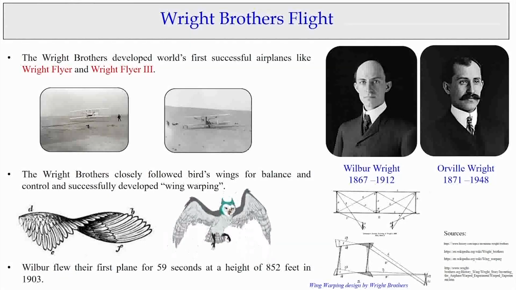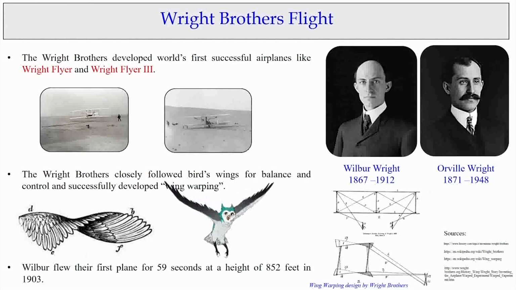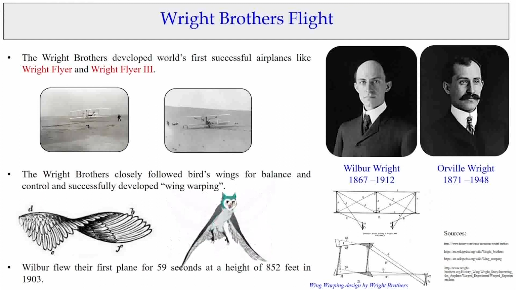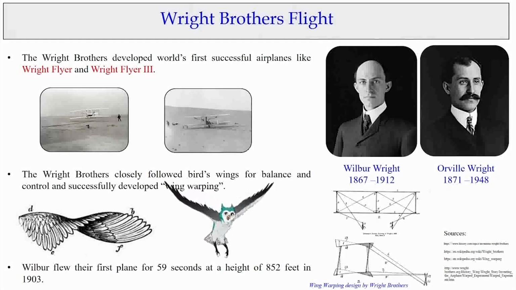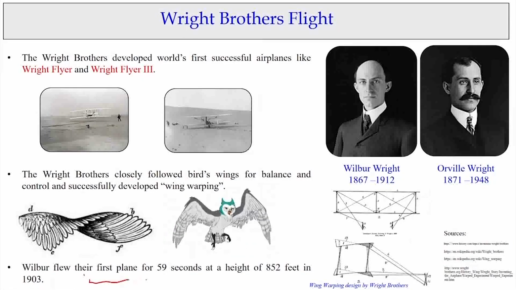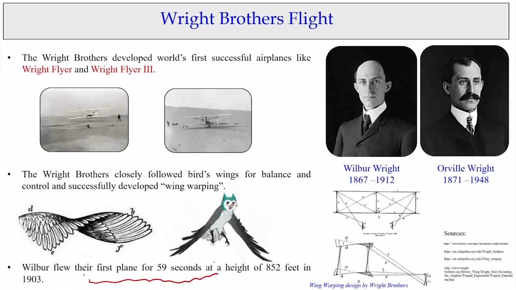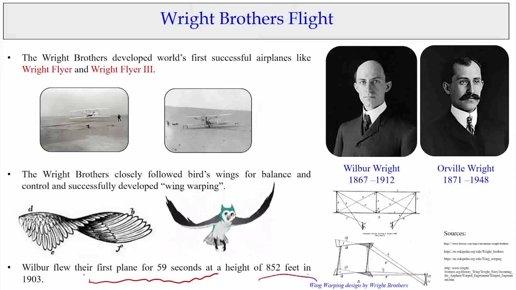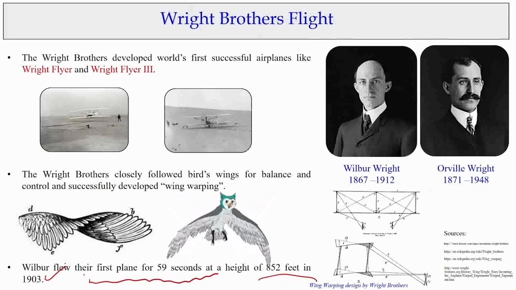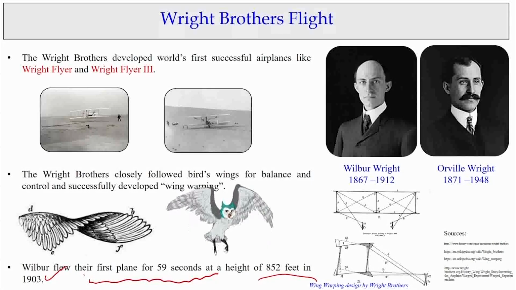If you are really interested, just search for the Wright brothers on Google, and you can know how they struggled in their life and how many failures they faced before they succeeded. Their first plane stayed in the air for 59 seconds at a height of 852 feet. Because of their success we now have aircraft, because human beings felt it was possible to fly.